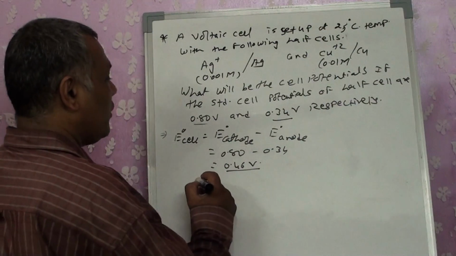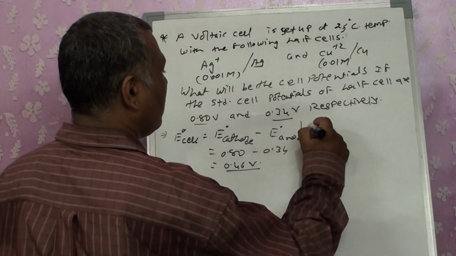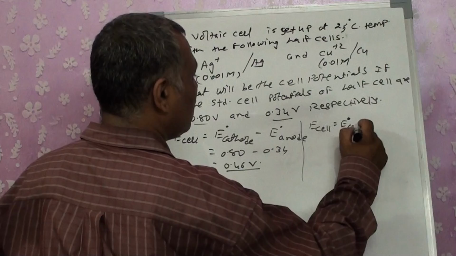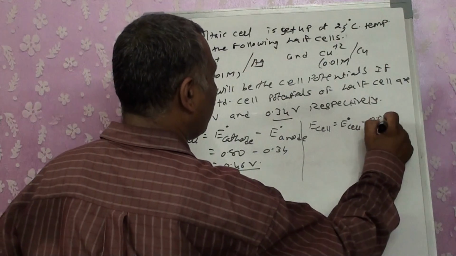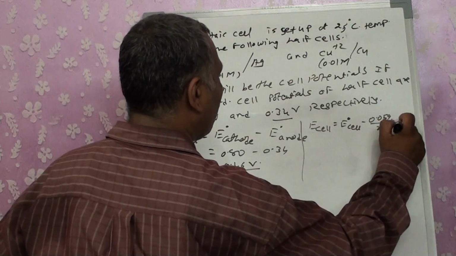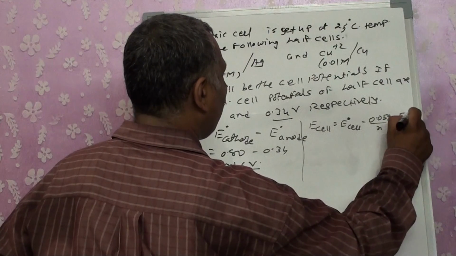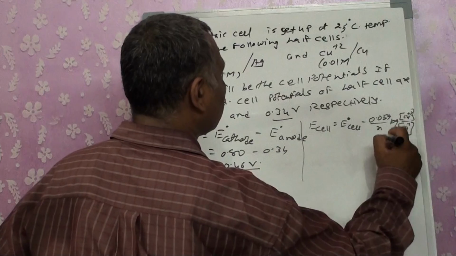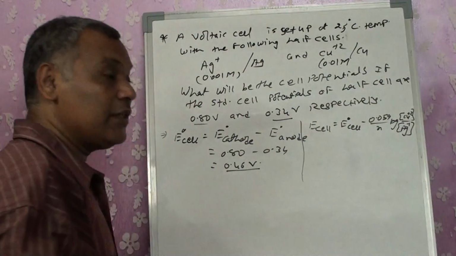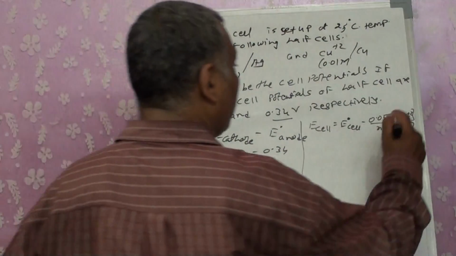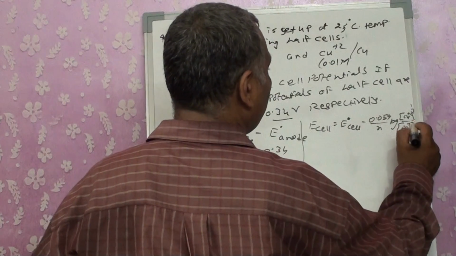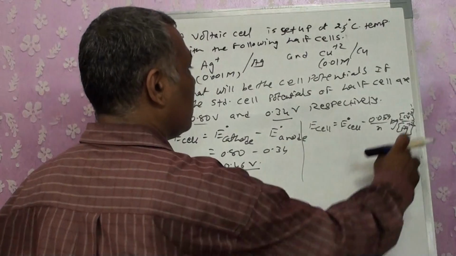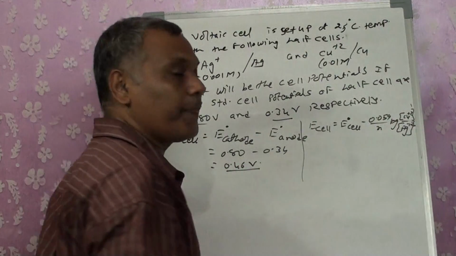Now, according to the Nernst equation, we write E cell is equal to E naught cell minus 0.059 by n log of Cu plus 2 by Ag plus. In this case, according to the reaction, the power for Cu plus 2 is 1, while for Ag plus you will get a square, right?